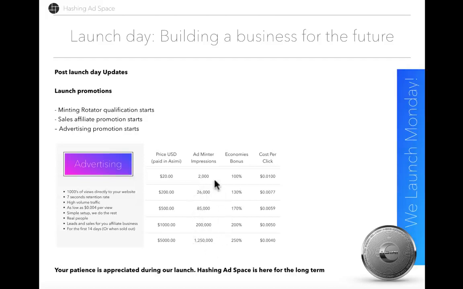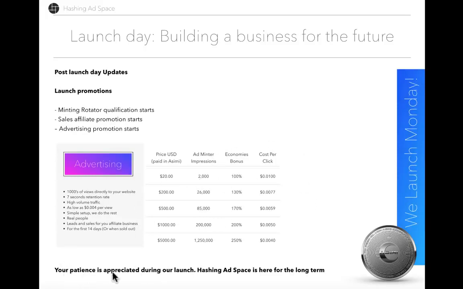You can see now that it is 2,000 impressions for $20 and all the way down to 1.25 million impressions for our advertising promotion package of $5,000. This is very low cost per click, and it really is designed to kick off Hashing Ad Space and get all of our advertising partners set up and getting a lot of value for their advertising campaigns. So I wanted to include that in this video as well.